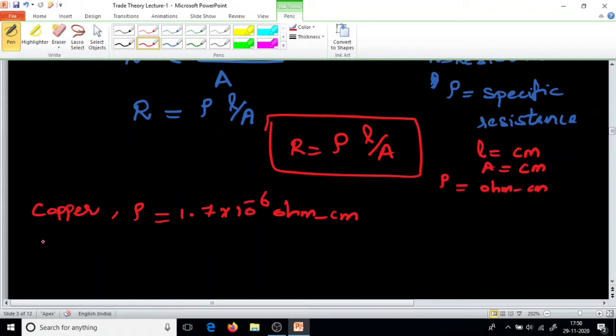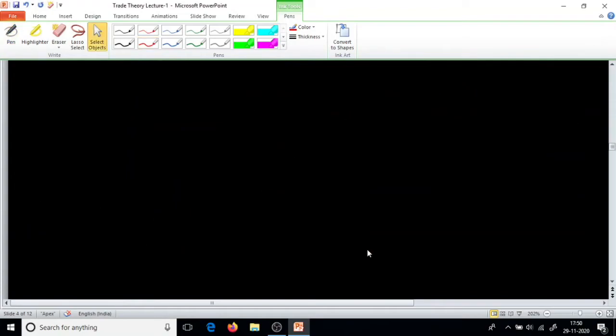Similarly for silver, rho equals 1.64 multiplied by 10 to the power minus 6 ohm centimeter. You should have an idea what value could come. At least these two you should know.